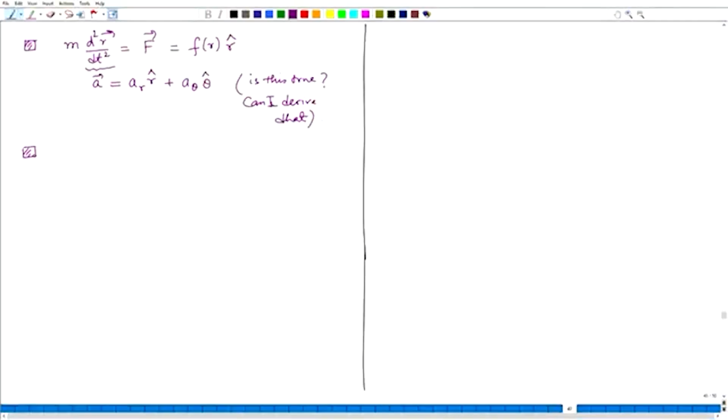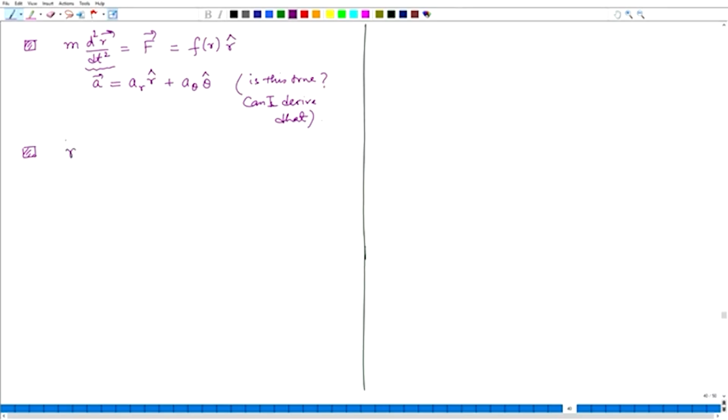Okay. So, what I will do is first try to say what is the nature of this position vector, the velocity vector and the acceleration vector in spherical polar coordinates, or actually for our case a plane polar coordinate system. Let me just write like that.